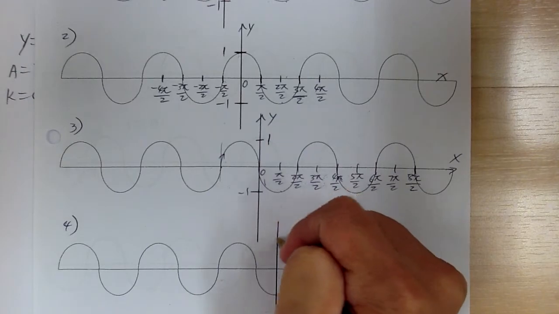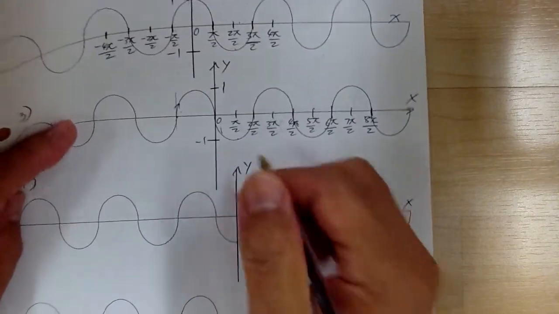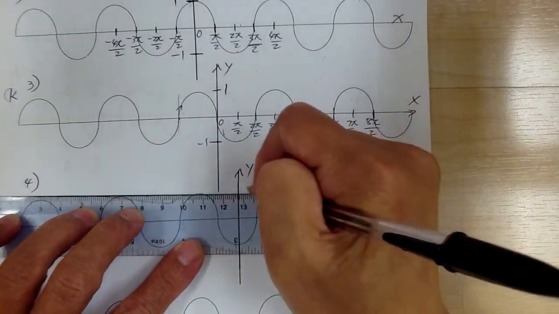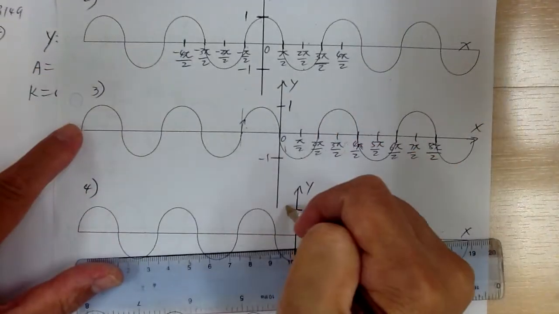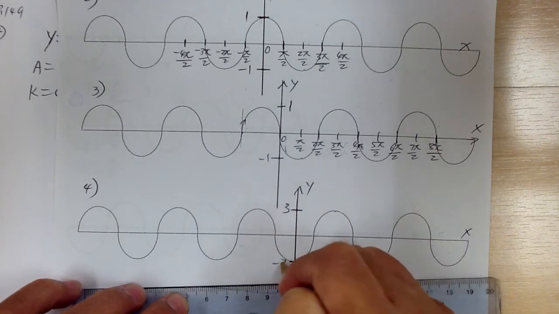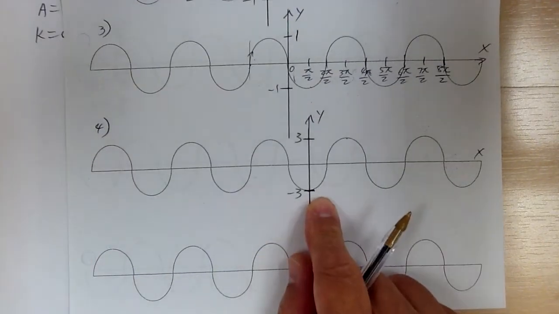Okay. So that's the y-axis, x-axis, and the amplitude is 3. So this would be a 3. And this would be negative 3 over here. So take care of the amplitude. Then after that, let's go and do the quarter wave.